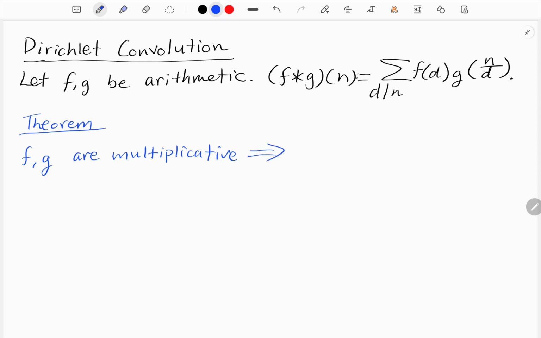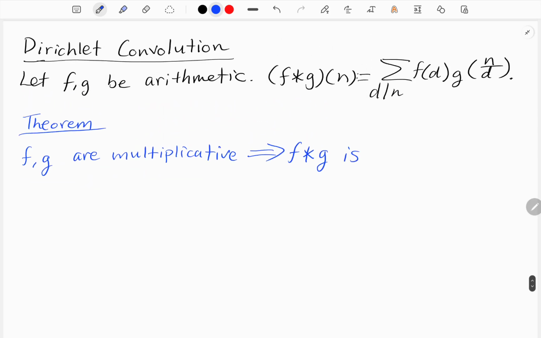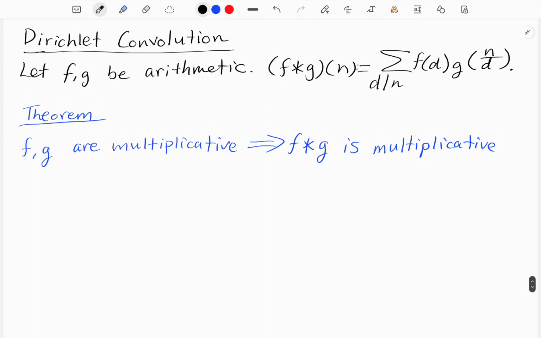This implies that their Dirichlet convolution f star g is also multiplicative. All right, so I will not prove this here, but if you consider two multiplicative functions using this definition, their Dirichlet convolution f star g is multiplicative.